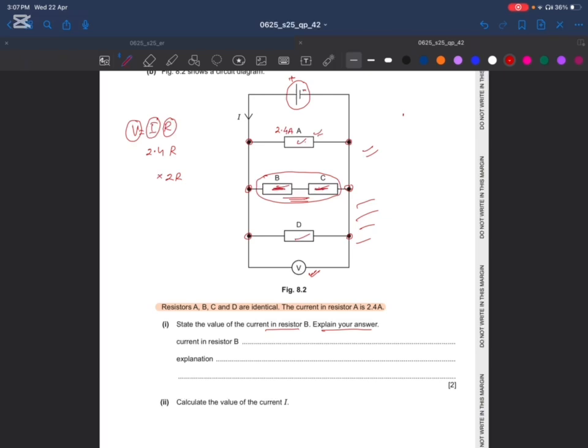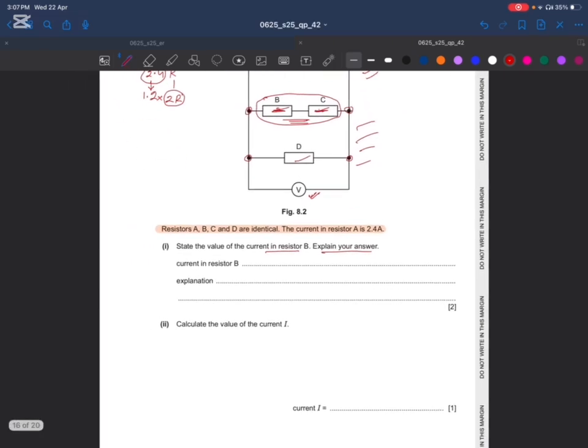So 2R means you have to take half of the current. The current will decrease by half if the resistance increases to double its initial value. So what you will write directly is that the current value is 1.2 ampere.